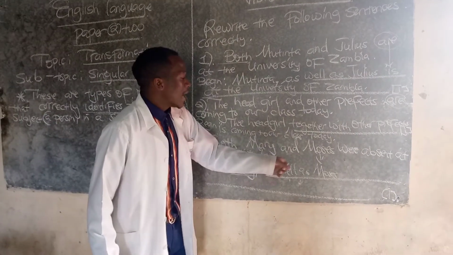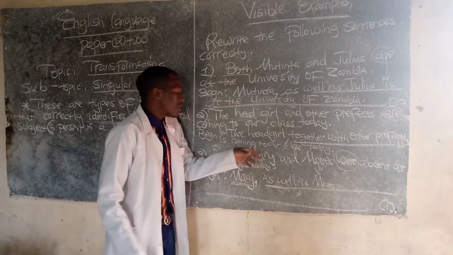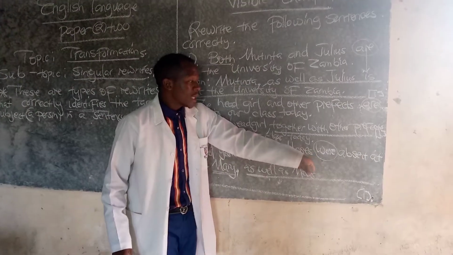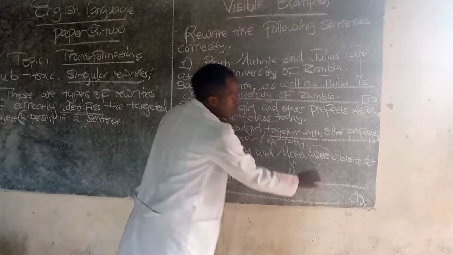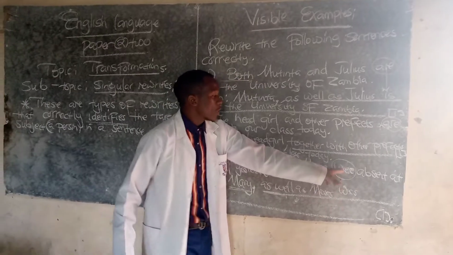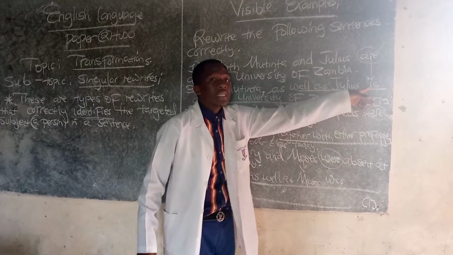Mary as well as Moses. But here we have "were", which means the tense of this sentence is in the past. So even the word we are going to change as a singular word to "is" is going to be "was". If we use "were", the past tense is "was", because "were" is the past tense of "are", then "was" is the past tense of "is".